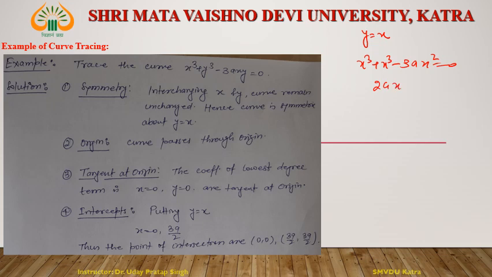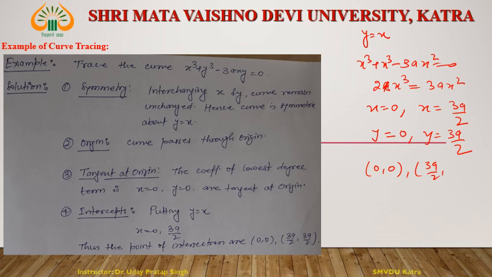It means 2x cube is equal to 3ax square, that is x equal to 0 and x is equal to 3a by 2. Then y is equal to x, so y is 0 and y is 3a by 2. It means the points are 0 0 and 3a by 2, 3a by 2. Okay, this is the intercept.